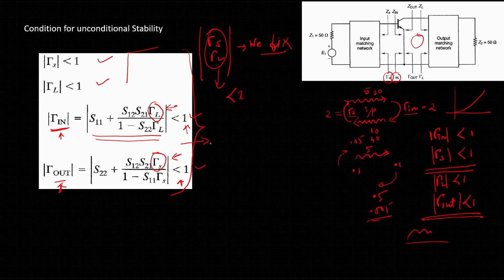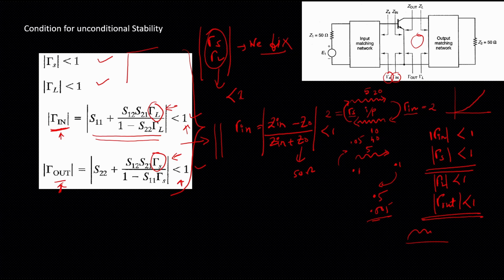Moreover, from this we can deduce something else also. For example, let's take gamma in. Your gamma in could also be written as Z in minus Z naught over Z in plus Z naught. I need the magnitude less than 1. So Z naught is fixed to 50 ohm or something positive only, right?